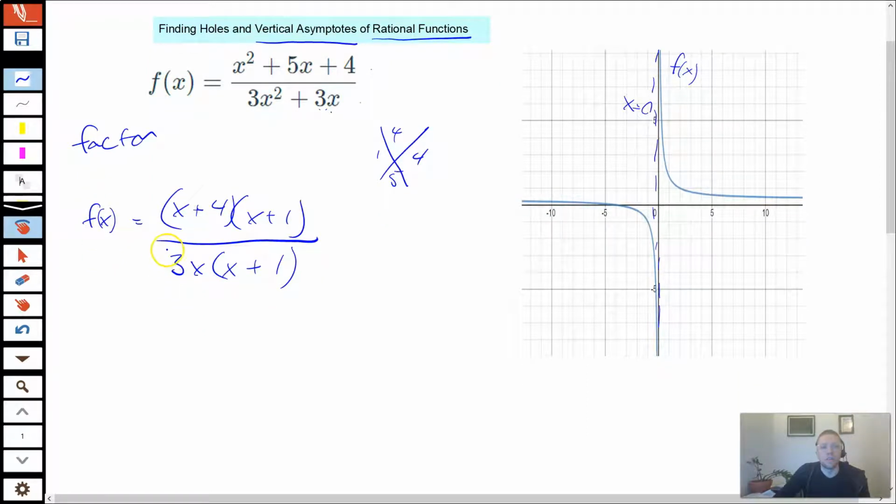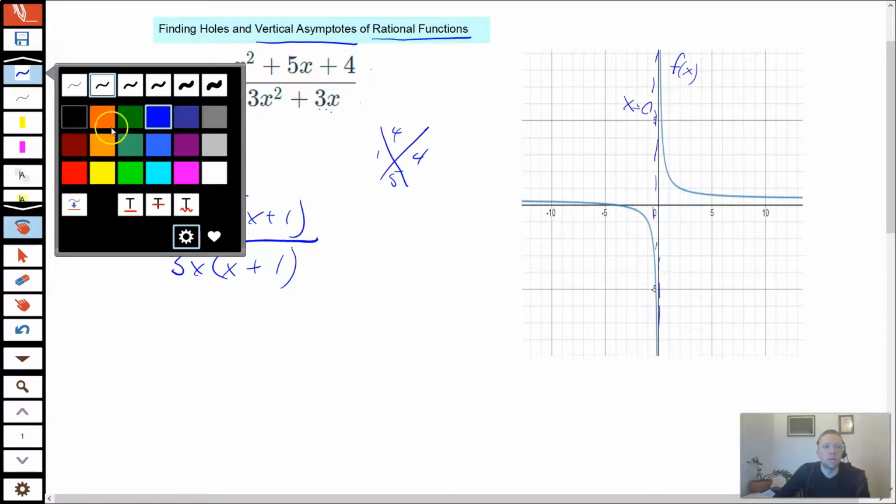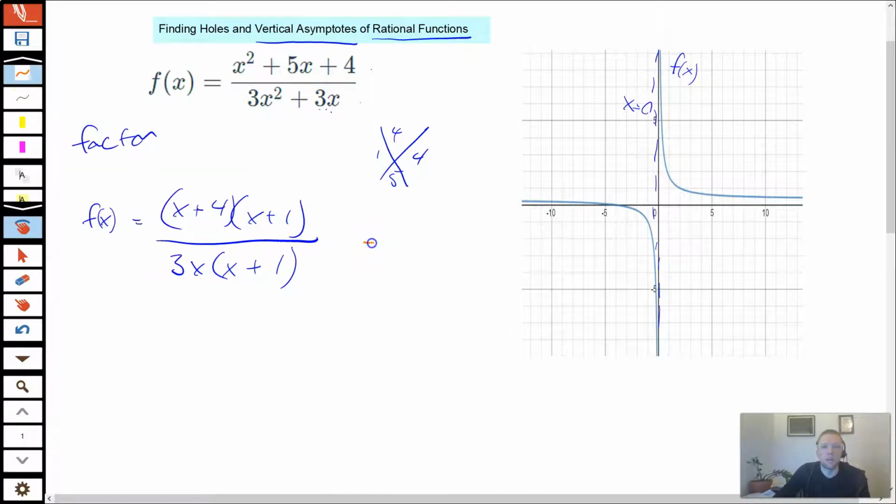Okay, so remember the domain of our function is going to be affected by what's on the bottom here. And specifically, we know we cannot divide by 0. Dividing by 0 is undefined. So we need to think about what values of x are going to make the denominator equal to 0, right?